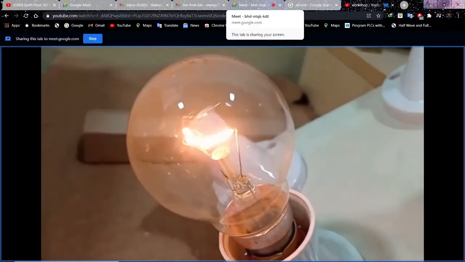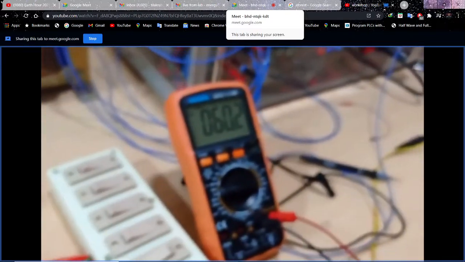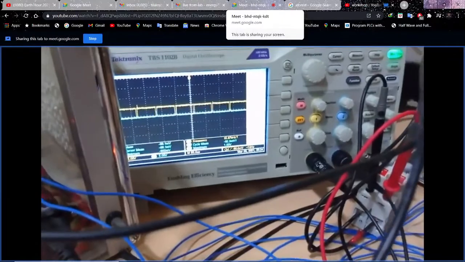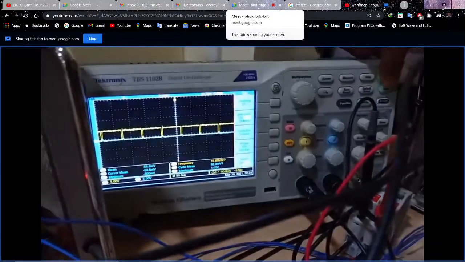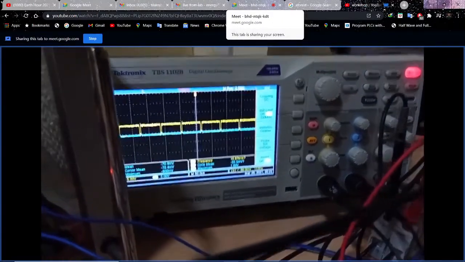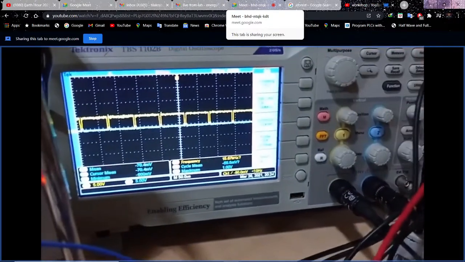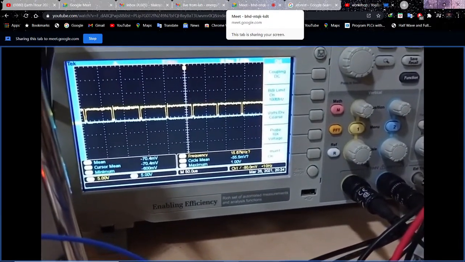And now the duty cycle is around 90%. Now if we hold it, you can understand this. It is almost close to 1, around 90%.